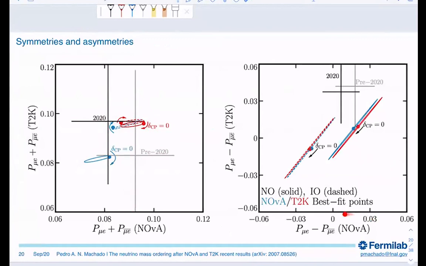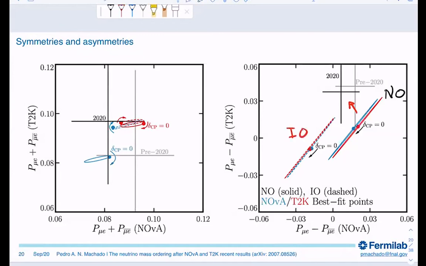But when you look at the difference, so this is NOvA and this is T2K, these are the ellipses for normal ordering. And you see that before, your data point was touching these ellipses. And now the data went away from the normal ellipses. So now they're going away from normal ordering. And this is inverted ordering.